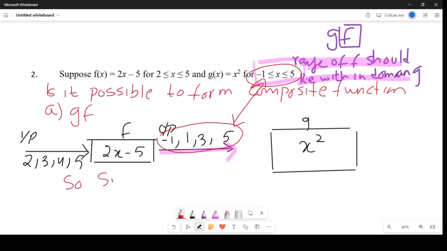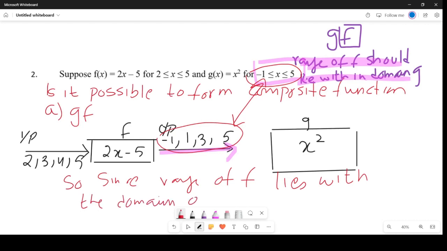So since the range of the inner function, the range of f, which is the output of f, lies within, or is exactly the same as, the domain of g, hence composition gf is possible.